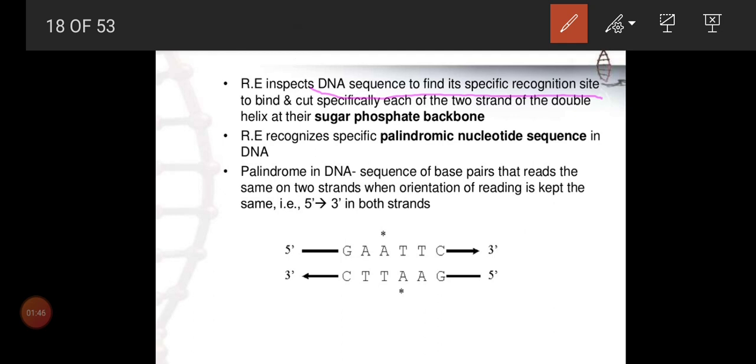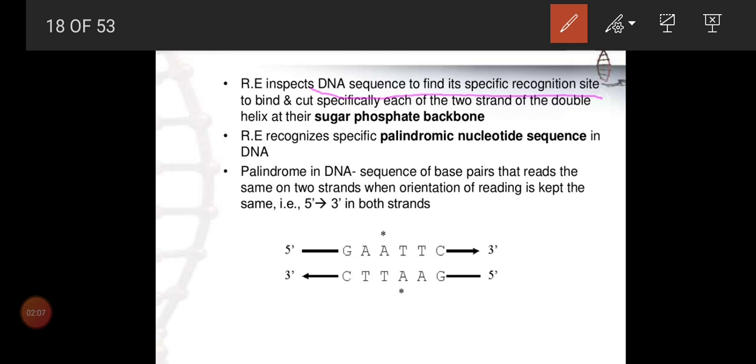You write whatever I tell. You write: restriction endonuclease is like all enzymes only, and these restriction enzymes work by shape to shape matching. What do you mean by shape to shape matching?